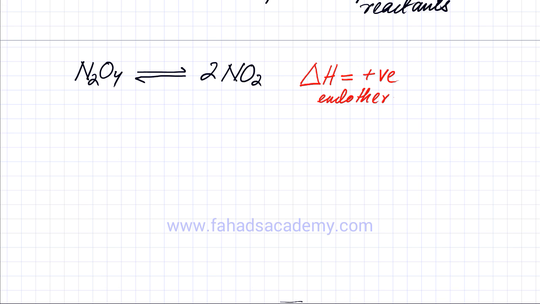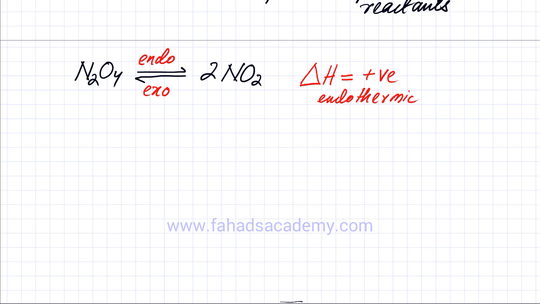The enthalpy represents the forward reaction, so the forward reaction is endo. Vice versa, the backward reaction is going to be exothermic. So I'm going to write the word exo for the backward reaction.